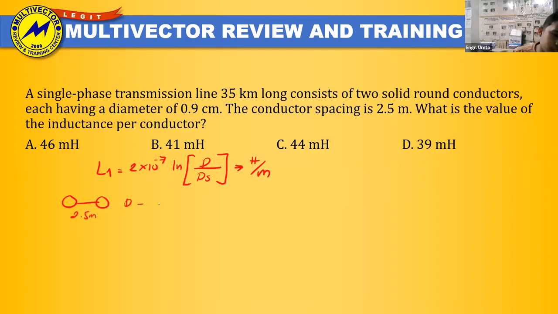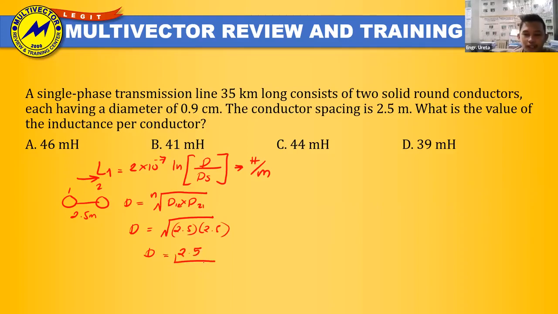Our D is just equals to the square root of n multiplied by the distances. Sir, dalawa lang naman yan eh: from 1 to 2, 2.5, and from 2 to 1, 2.5. Kaya yung D natin kapag single phase, yun lang din yung distance between conductor.